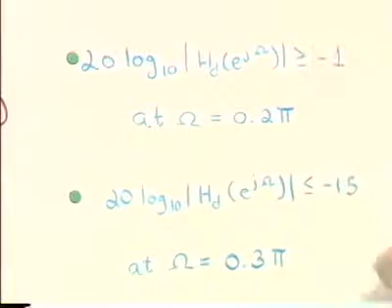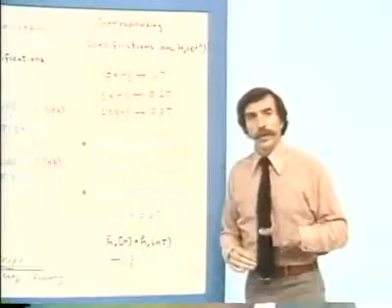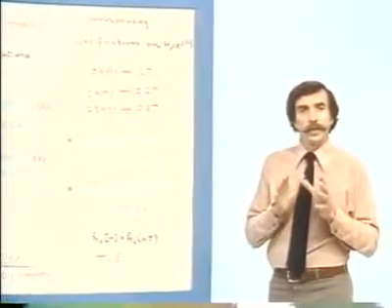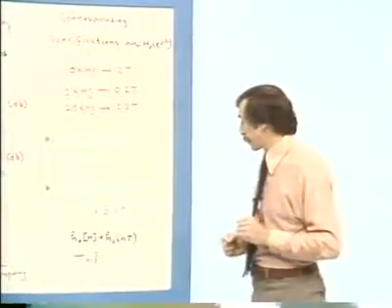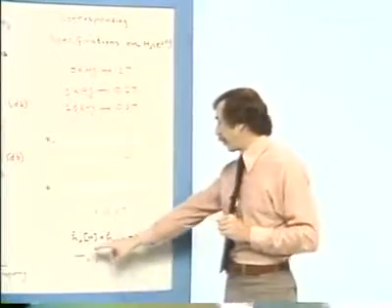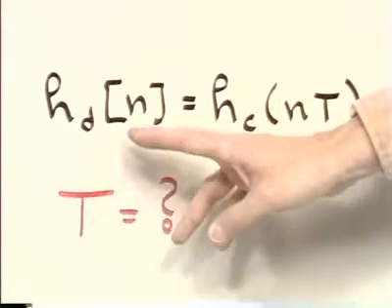So those are our discrete time specifications. And we now want to design the discrete time filter using impulse invariance.